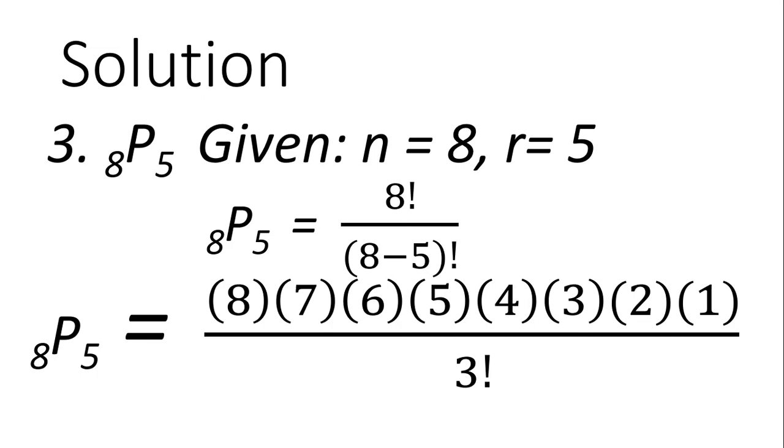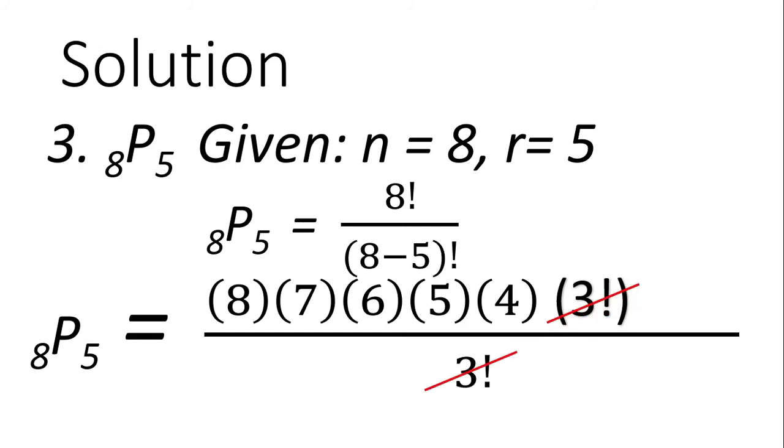But we know that the product of 3 times 2 times 1 is just the same as 3 factorial. So this 3 times 2 times 1 can be rewritten as 3 factorial. Then, we can cancel 3 factorial in the numerator as well as denominator.